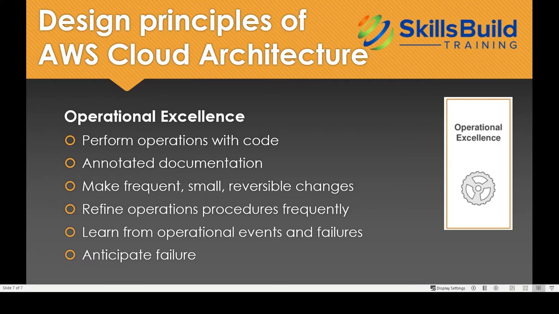Key topics include managing and automating changes, responding to events, and defining standards to successfully manage daily operations. AWS suggests 6 principles which will help drive operational excellence, and that is perform operations with code, annotate documentation, make frequent small reversible changes, refine operations procedures frequently, learn from operating events and failures, and anticipate failure.